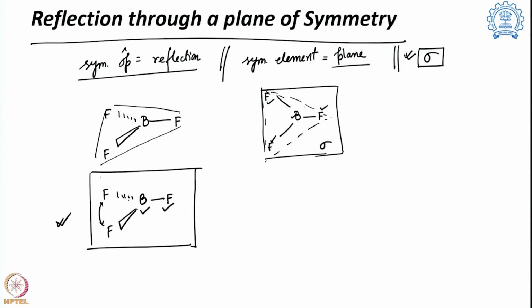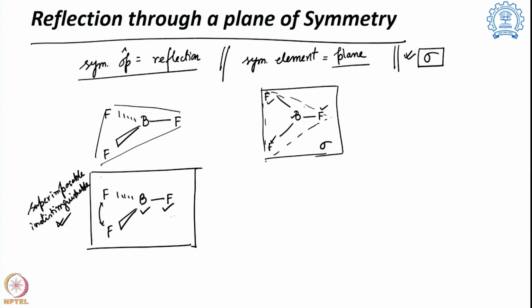The up one goes to the lower side, the lower one goes to the upper side, and we again get a superimposable and indistinguishable structure. With that we can define that there is a plane of symmetry present.